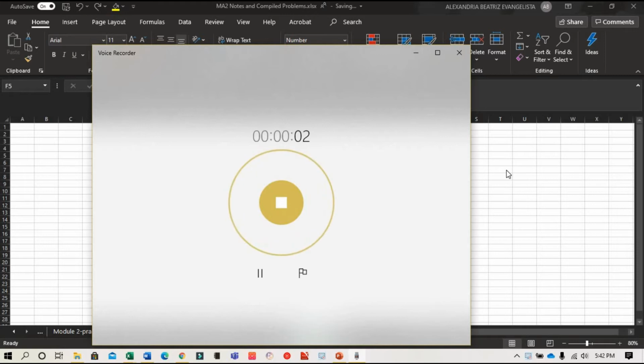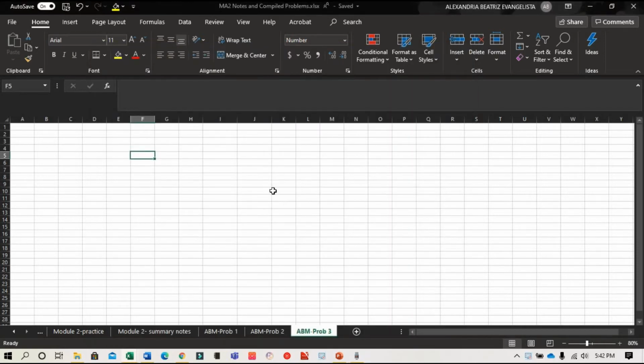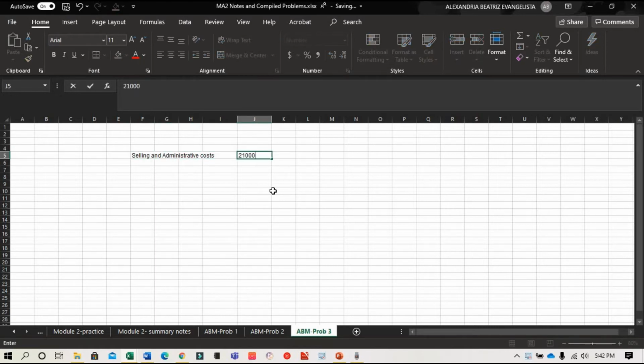So now let us try to solve for problem number 3. In this problem, we are required to calculate the customer service cost per large customer. It said in the problem that the selling and administrative costs amount to 210,000.